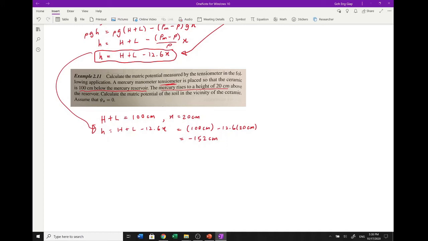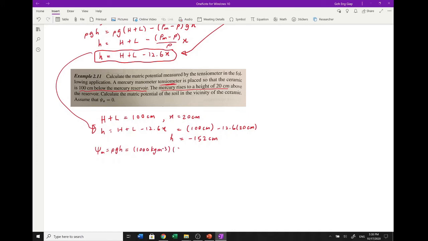Now calculate the matric potential of the soil. So we have the h value. The matric potential is psi m equals rho g h. The rho is 1000 kilograms per cubic meter, which is the density of water.